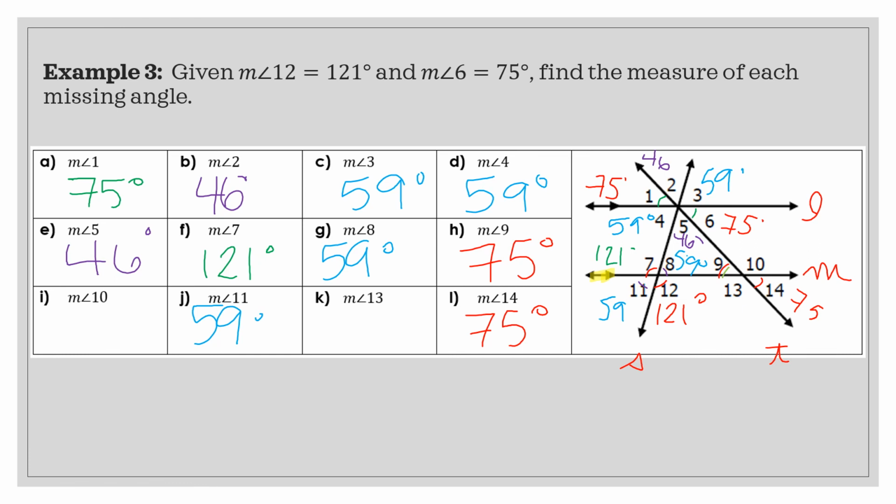So 180 minus 75 is 105. So angle 10 should be 105 degrees. And likewise, since 13 is a vertical angle, it should also be 105 degrees.